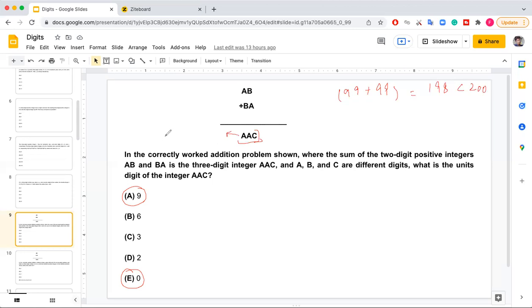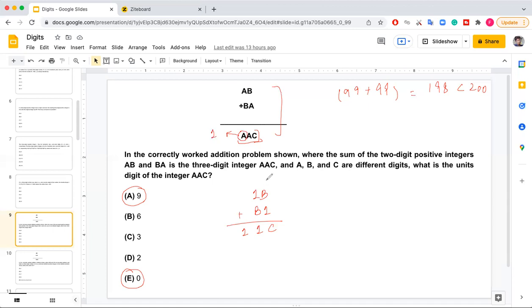Right? Okay, so based on this, if we have the first digit as A, then A must be 1. So just modify this. This will become 1B plus B1. The result is 1C. Got this point? Okay. Now the next point is, how can we proceed forward from this?